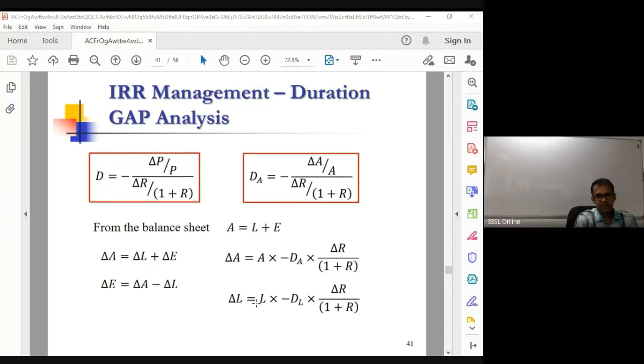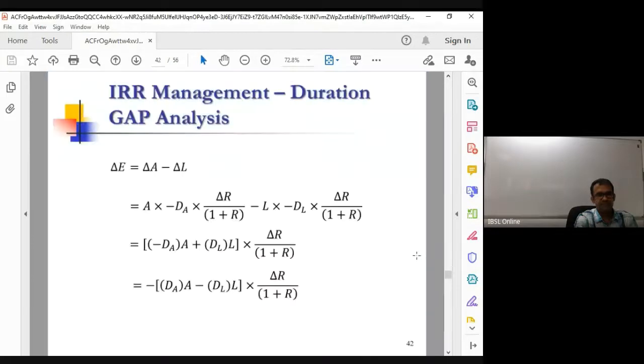Change in liability equals the amount of liability times duration times change in interest rates. Now we can substitute these two into this equation. Then we get this. This is the change in asset value. This is the change in liability value.